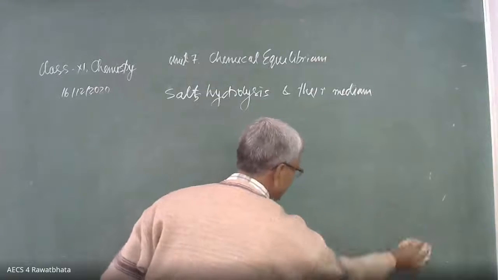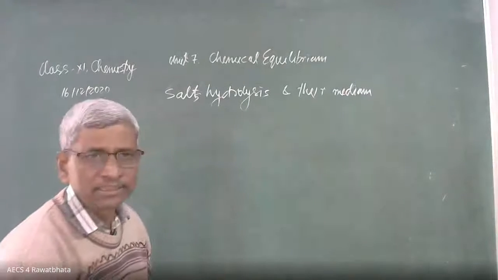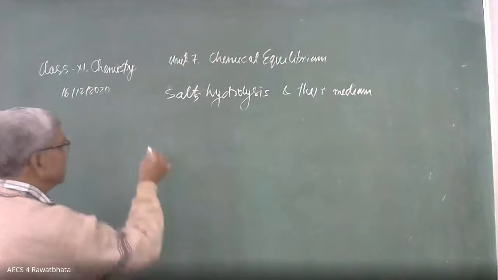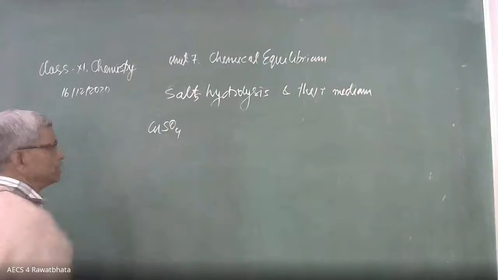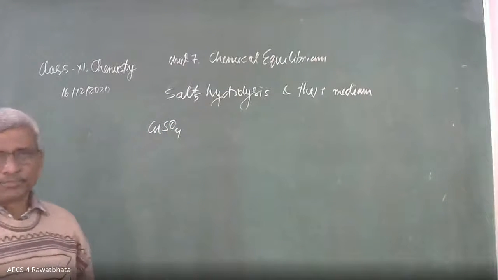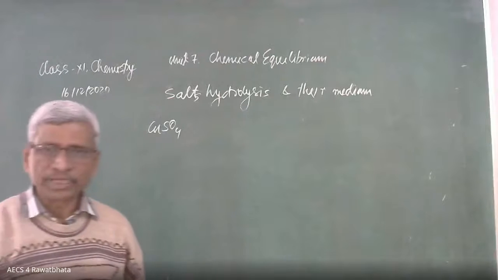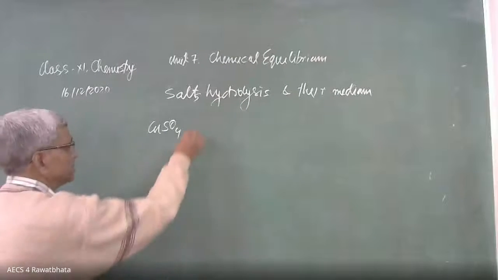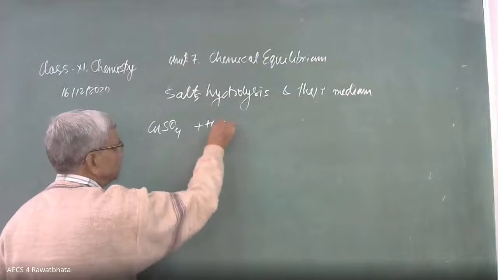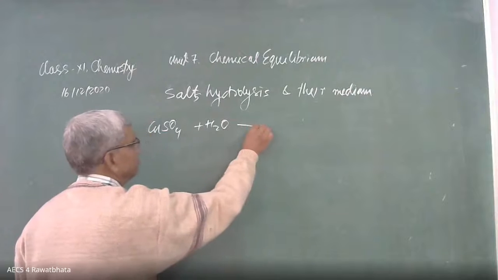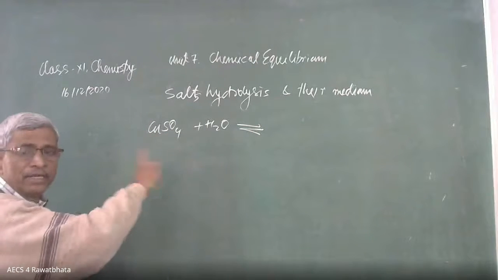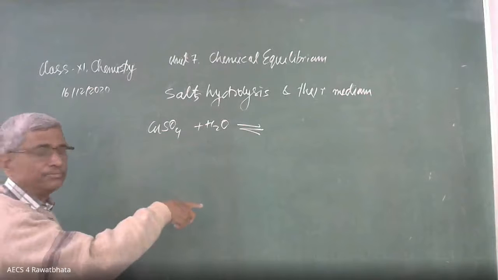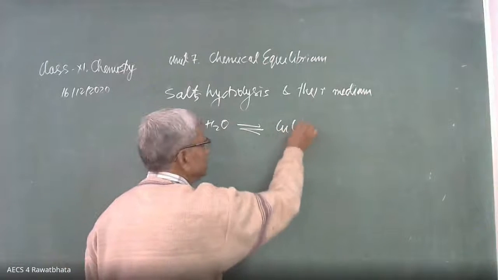This part you have studied up to some extent in 10th class. It is not new. Let me take copper sulfate. Copper sulfate is a blue crystalline solid. When it dissolves in water, H2O, it forms copper hydroxide, a metal hydroxide, Cu(OH)2.